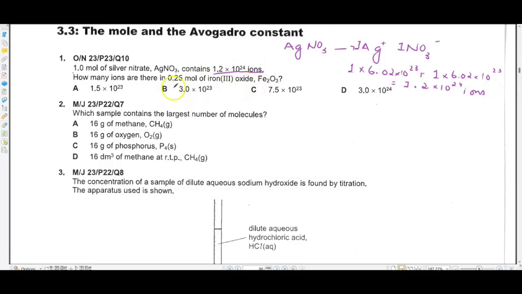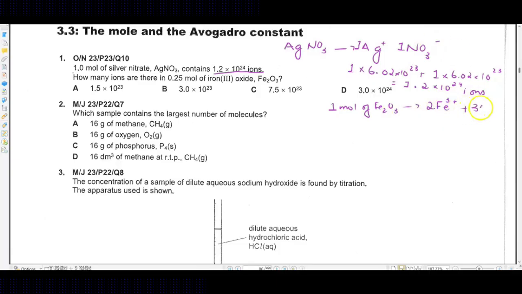Now we need to find the ions for Fe2O3 in 0.25 moles. First we need to find how many ions are there in Fe2O3. In 1 mole of Fe2O3, we have 2 moles of iron and 3 moles of oxygen, as you can see from the formula.